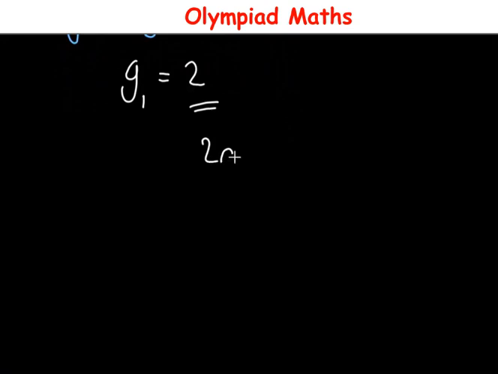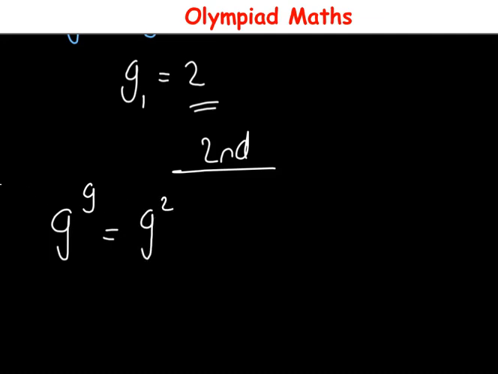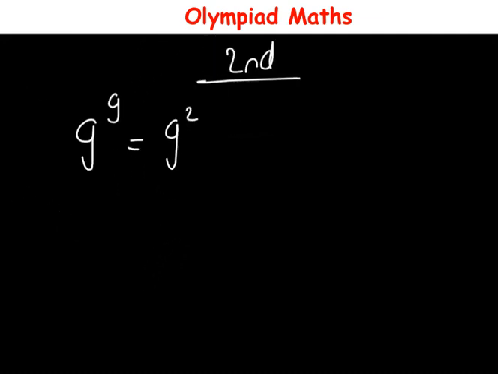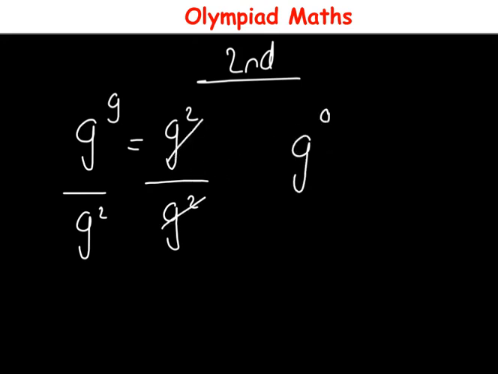Now, for the second method, the question is g raised to power g equals g raised to power 2. So we are going to divide this equation by g raised to power 2. This will divide this, and we have 1. So we have g raised to power g over g raised to power 2 is equal to 1.